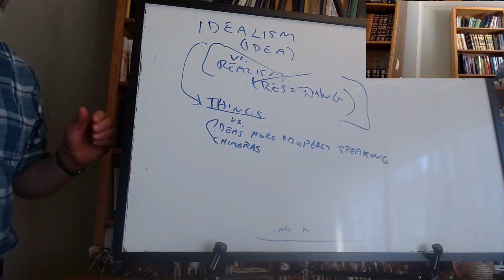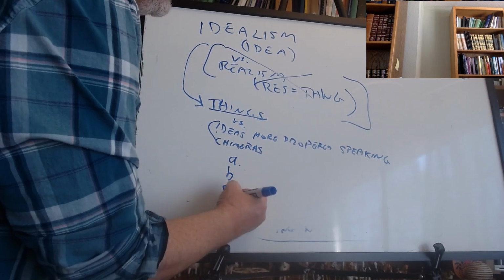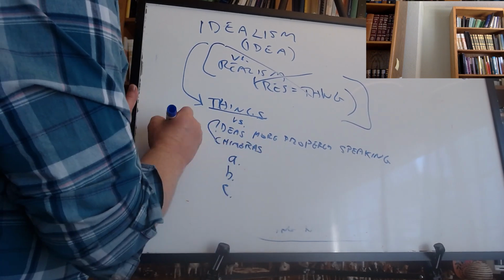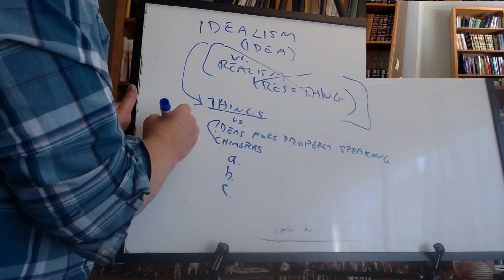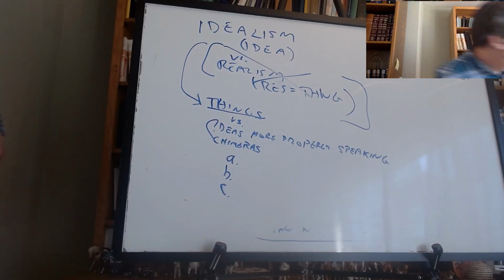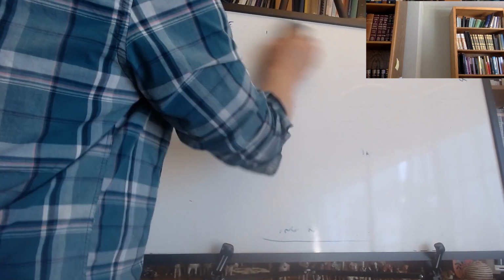There are three criteria that he lists. So the real ideas, okay, I don't know how to draw this, but maybe I should erase most of this. Otherwise it's going to get confusing.